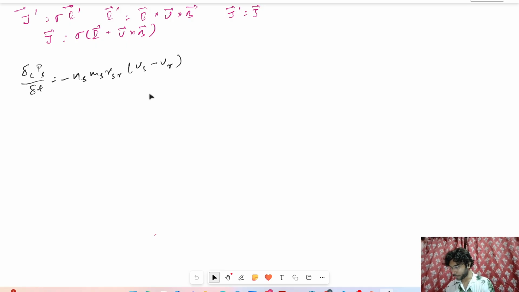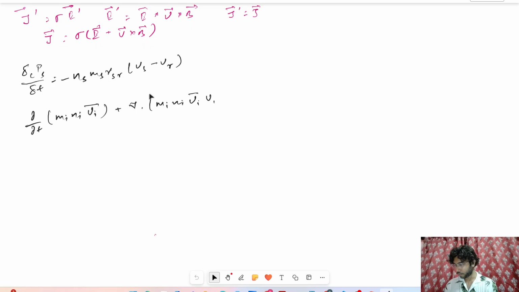And now what we'll do is we'll write the first moment equation as is. We have derived del T of Ni ui bar plus del dot Ni ui, so there's the vector one, first Ni, sorry, Ni E plus ui cross B. So I stands for ions.